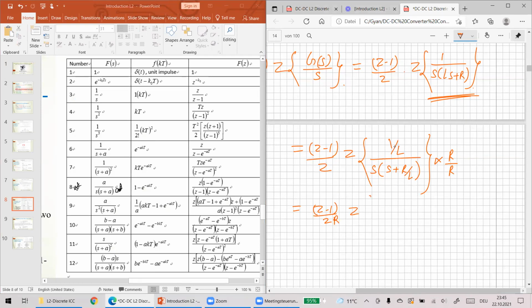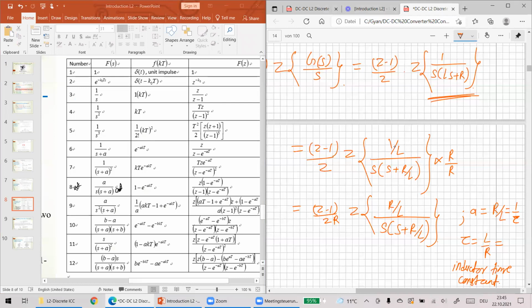Then we get the Z transform of R over L into S plus R over L. And here you can see A is equal to R over L, which is equal to 1 over tau. So here tau is equal to L over R, and this is called your inductor time constant.